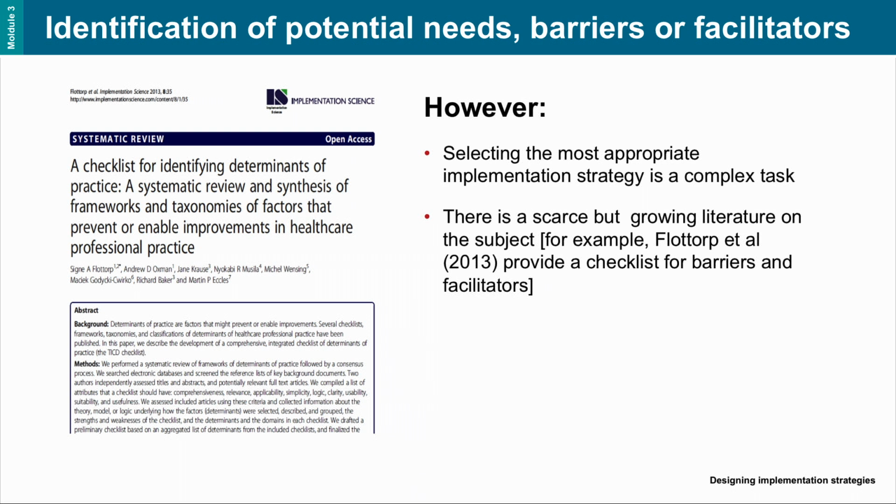The choice of the most appropriate implementation strategy is a complex job, and there is not a lot of information on this area. However, there is a very recent and growing work on the subject that can help us.